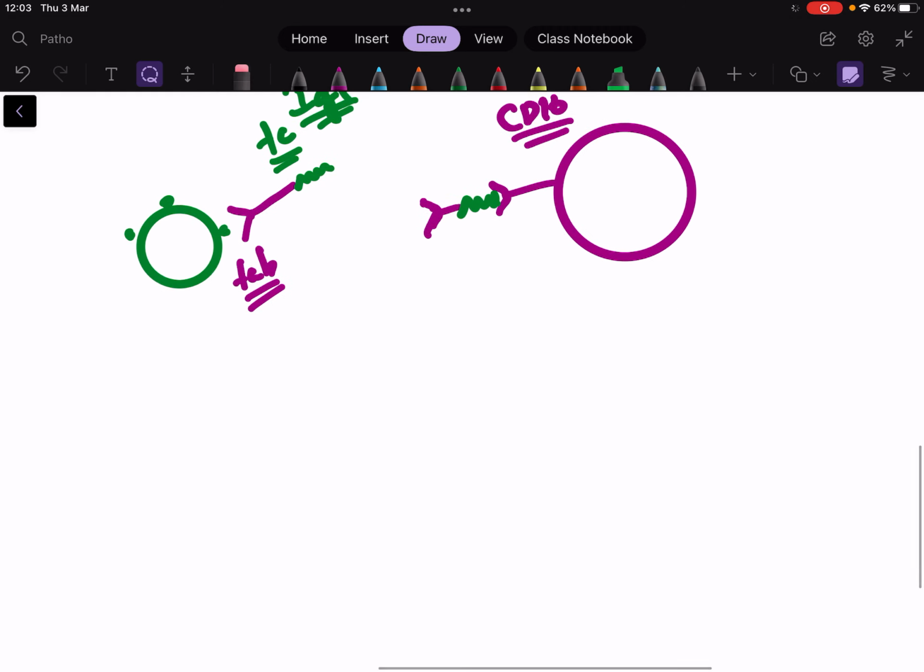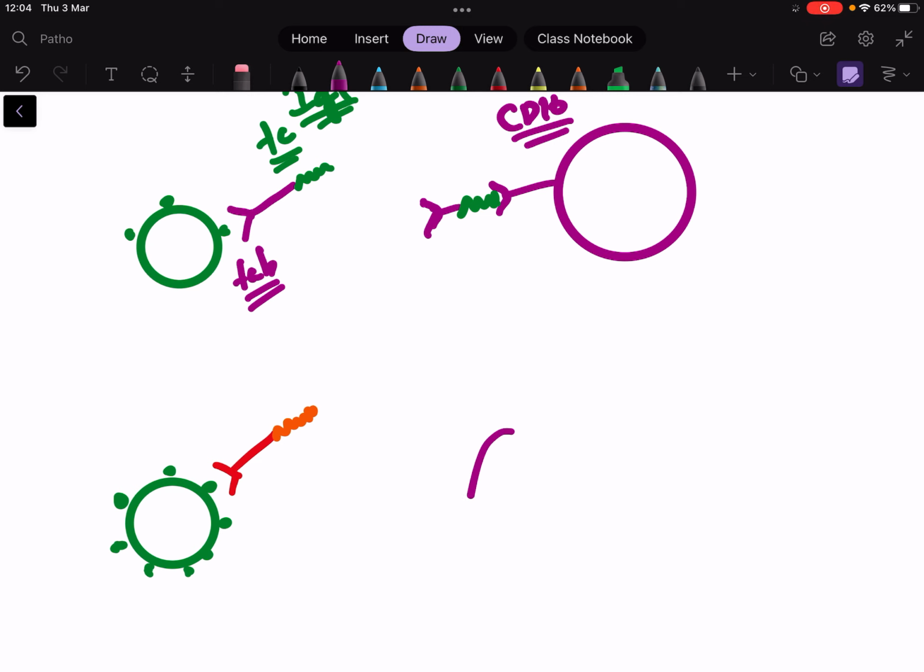I will repeat this again so the basics are clear to you guys. Suppose this is a bacteria, and our body is producing the antibody immunoglobulin G, which has an Fc portion. This is the Fc portion. So what will happen?